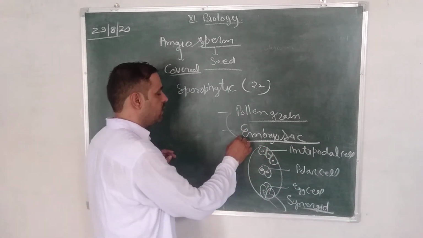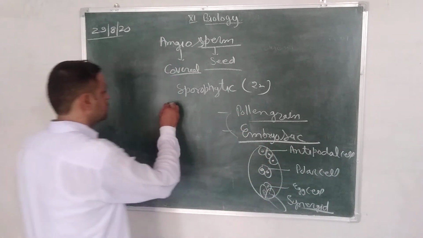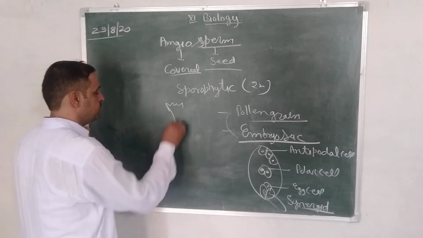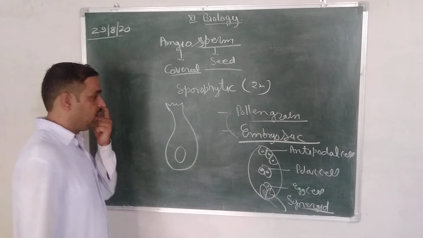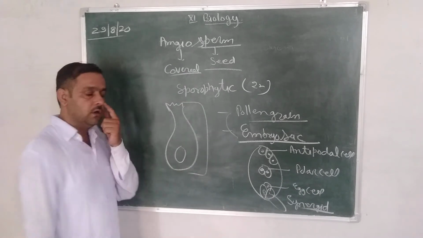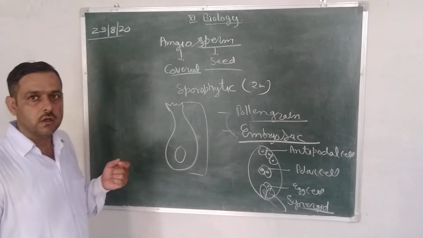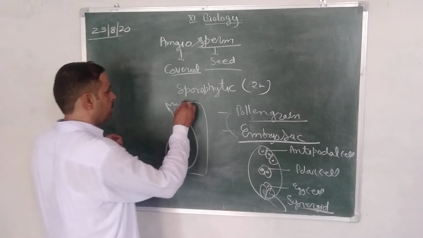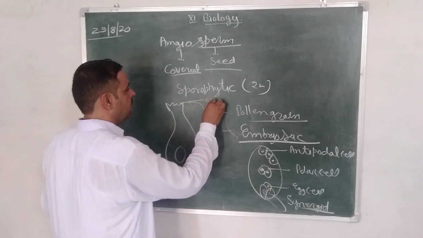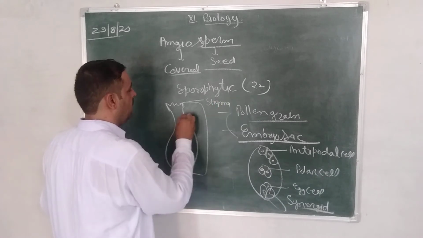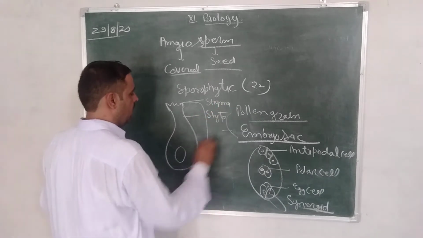Whenever a pollen grain reaches the stigma, what is stigma? This is the stigma, and the embryo sac is found here, and this part of the flower is called gynoecium, which is made up of pistil, and each pistil is divided into 3 parts: stigma, style, and ovary.